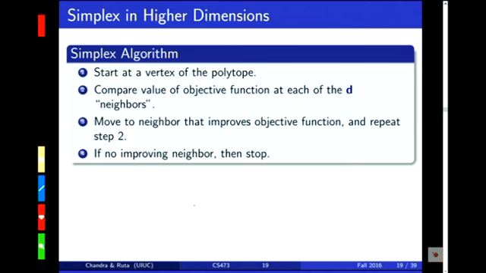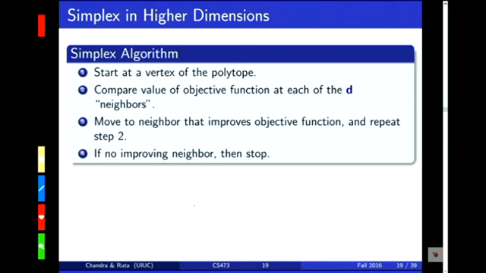At that time, it beat all the known algorithms, and still it beats, for many problems, all currently known algorithms. So in practice, it's a super fast method to solve a linear program.